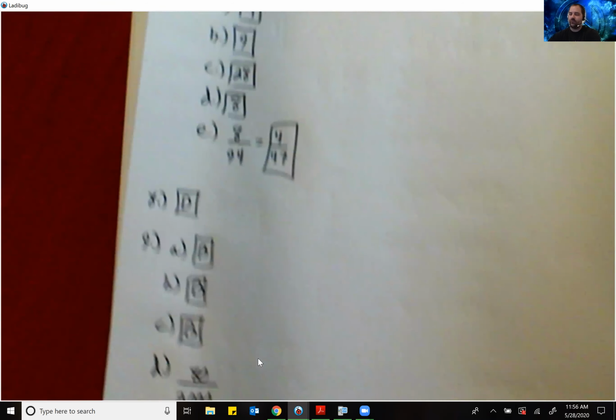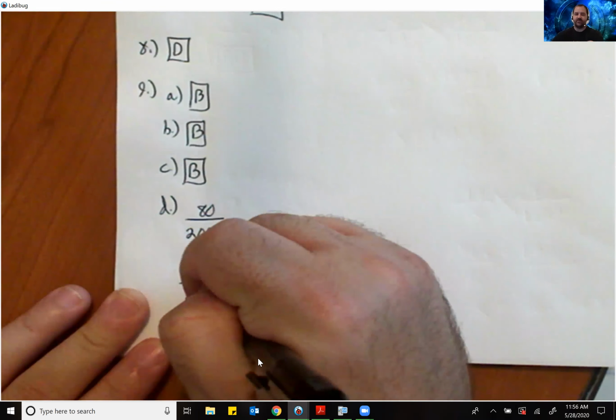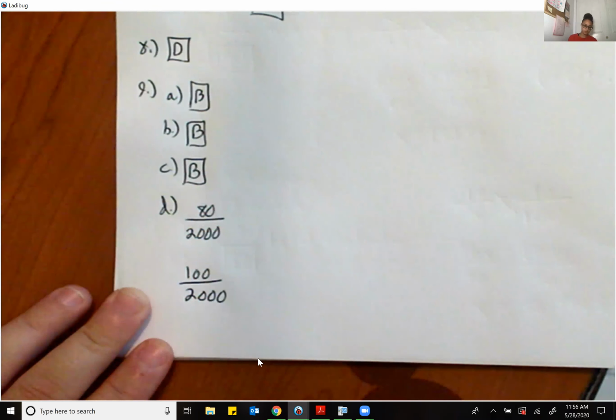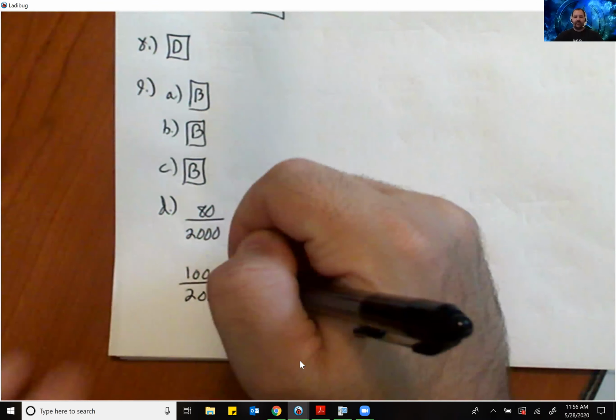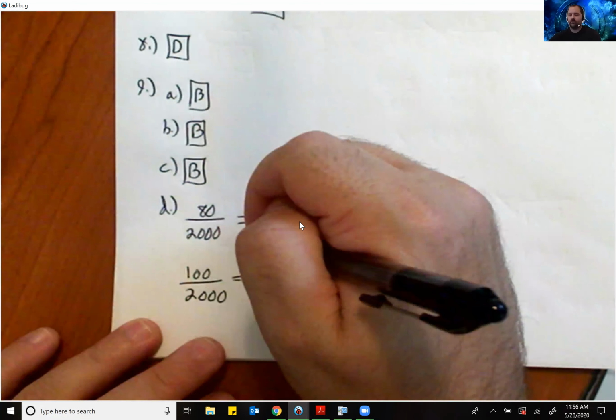And then we'll take 100 divided by 2,000 and get that percentage. Does that make sense? Yes. So when we take 80 divided by 2,000, what do we get? 4? No, that's not 4. Like 0.4.